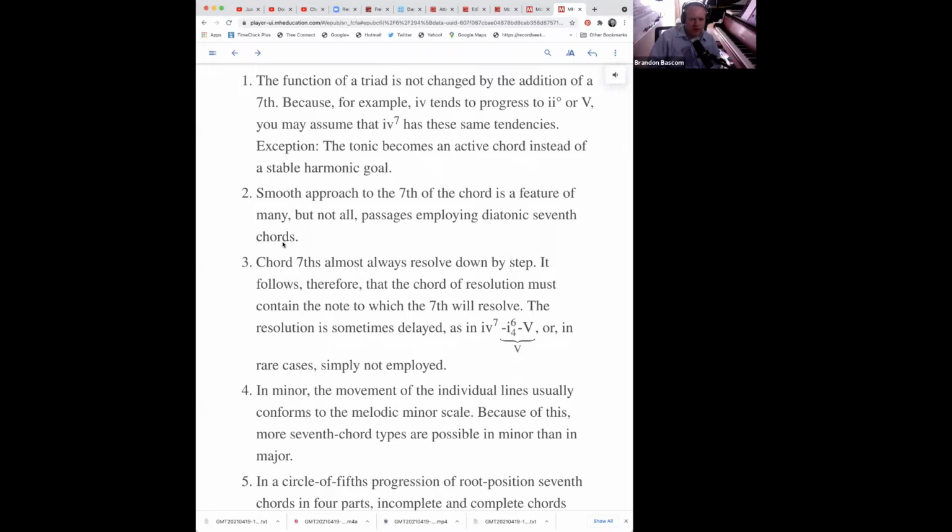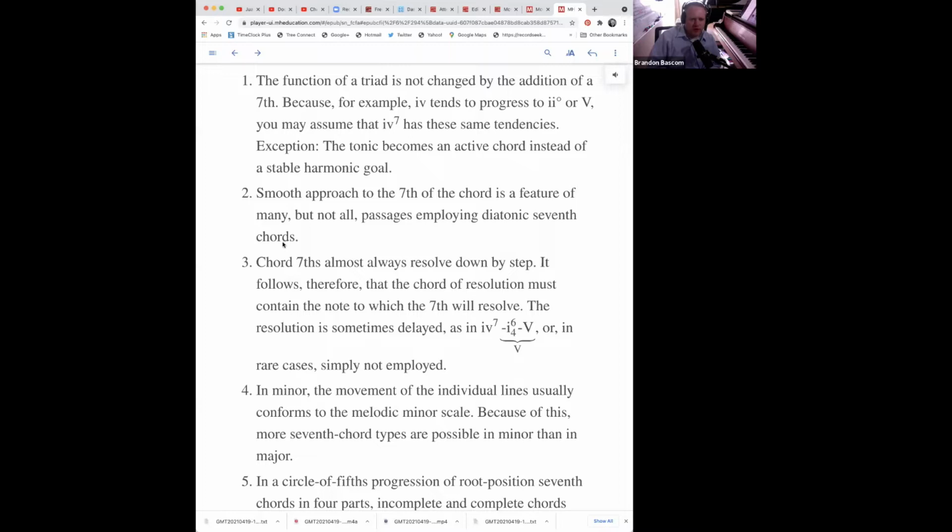It follows, therefore, that the chord of resolution must contain the note to which the 7th will resolve. The resolution is sometimes delayed, as in 4/7 to 1/6/4 to 5, or in rare cases simply not employed.